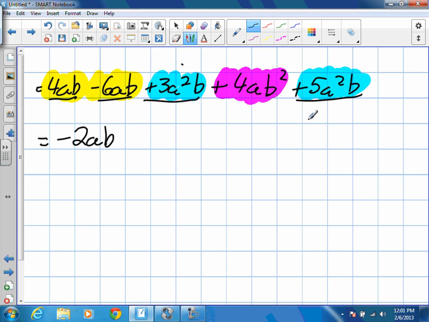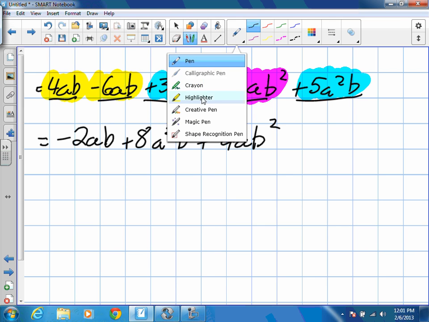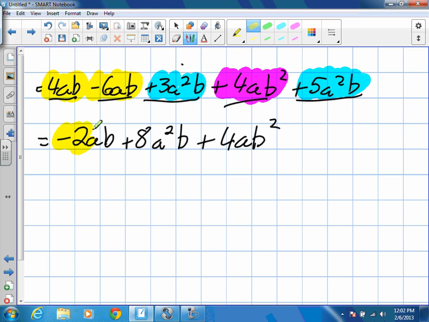We just add the coefficients. So we have 8, and the variables stay the same: a squared b. And 4ab squared stays the exact same. So we'll highlight this. The questions look difficult to start, but as soon as you organize them, they are relatively simple to get through.